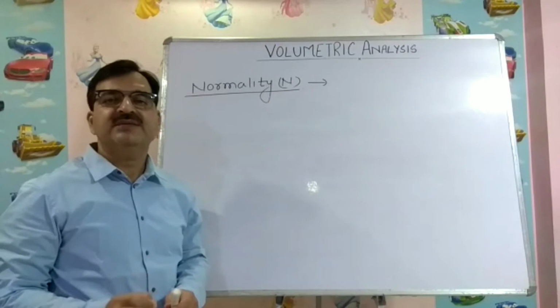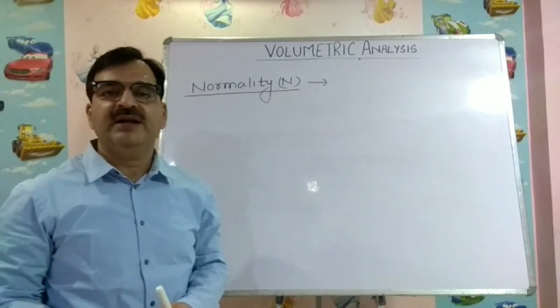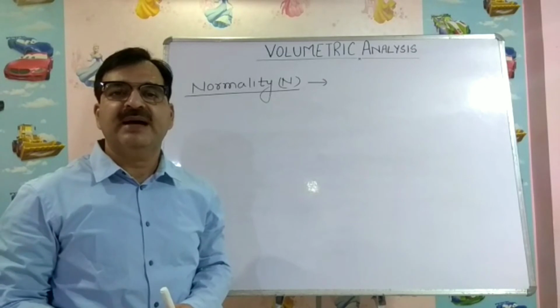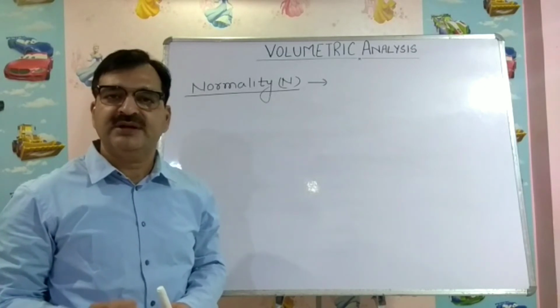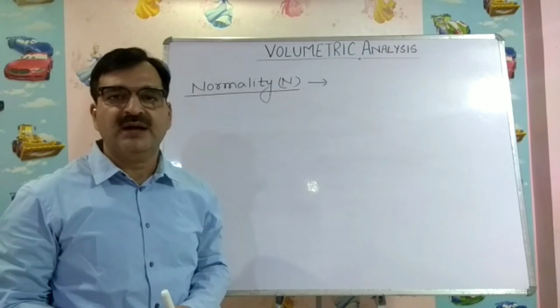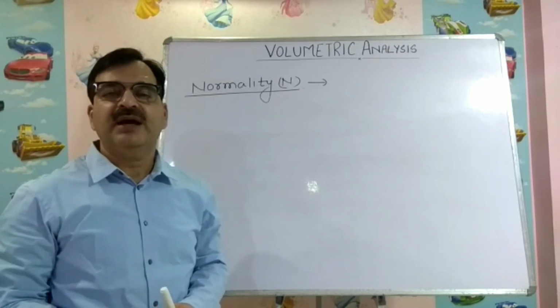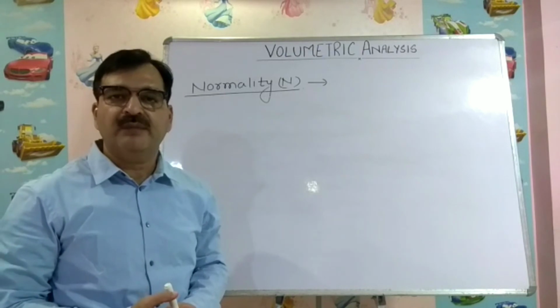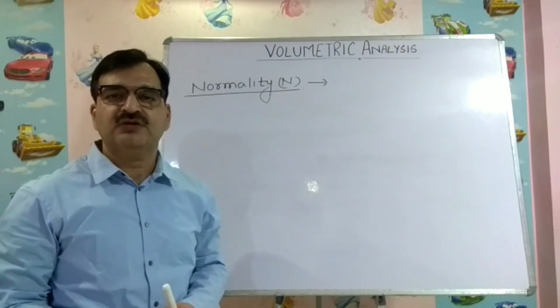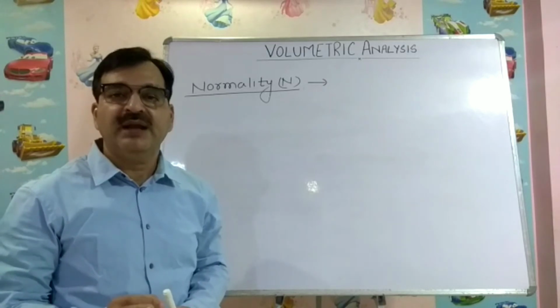As we calculate the number of gram moles, that is mass of solute in grams divided by gram molar mass, in a similar way, when we calculate the number of gram equivalents, it is mass of the solute in grams divided by the corresponding equivalent weight.